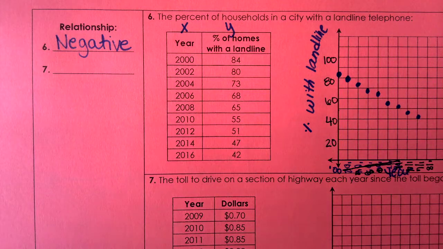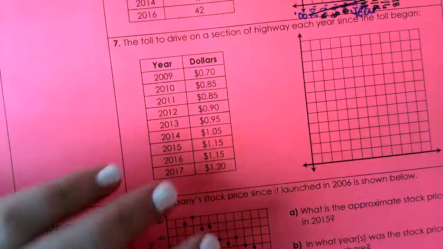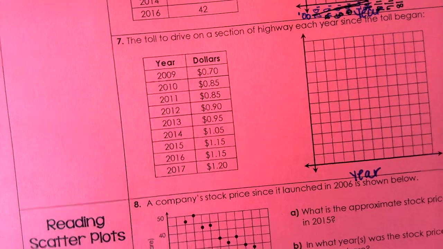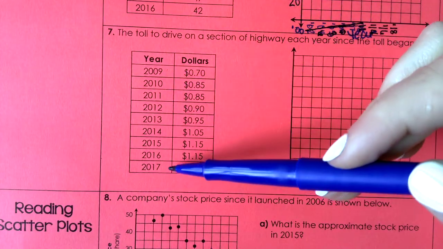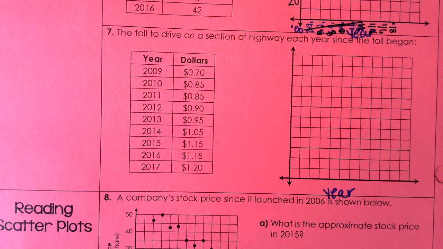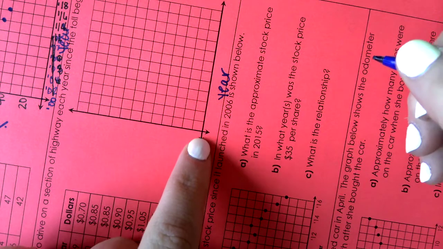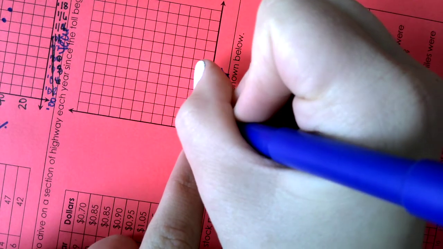How do we feel about years and graphing years? Good. I'm going to talk about number 7, just the graphing, like the line part. So my lowest year is 2009, and it goes up to 2017. So what I'm going to do is I'm going to count the years by 1. I'm going to have this first one right here be 2009 right on my line here.